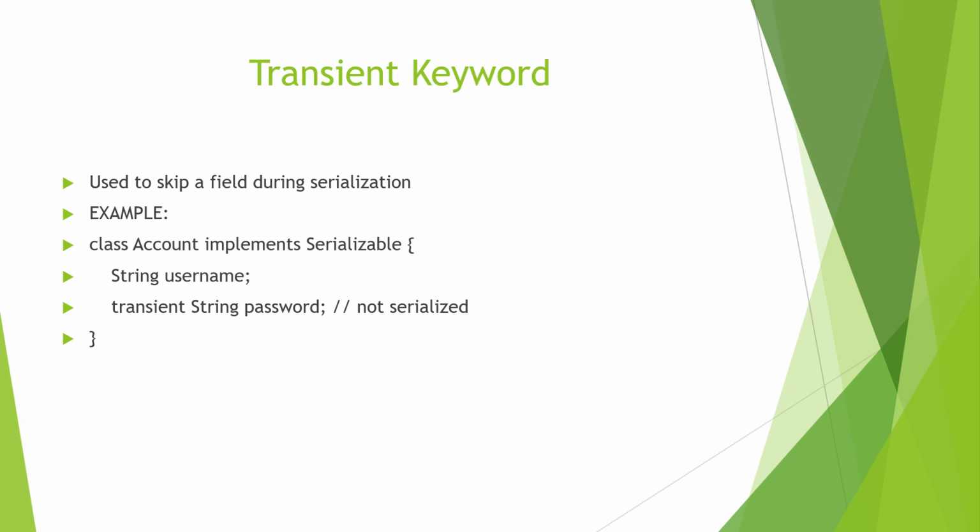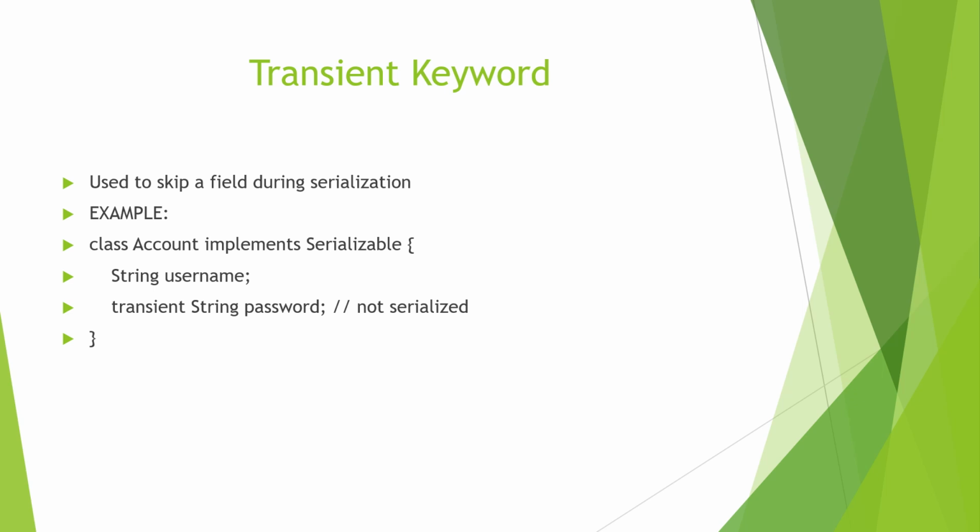But in this example of a particular program, the developer does not want to convert the password into a byte stream. So that is why it has used the word transient before the data type of the password.